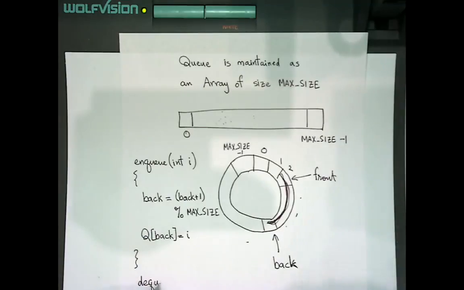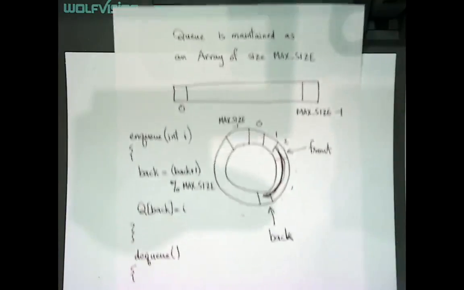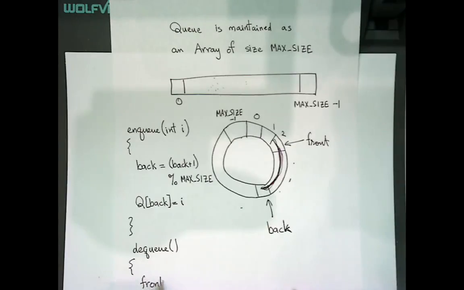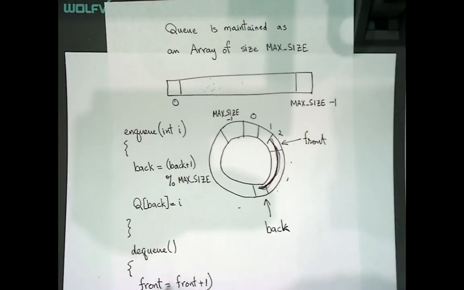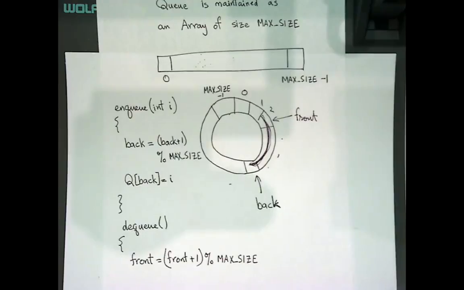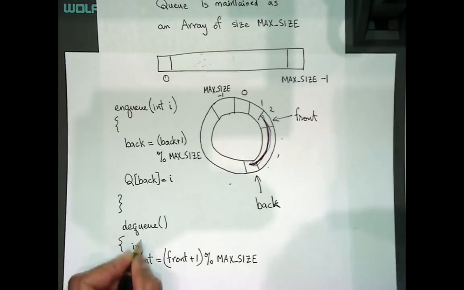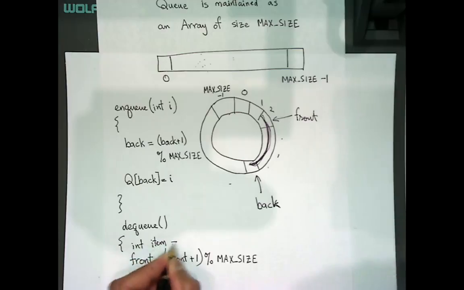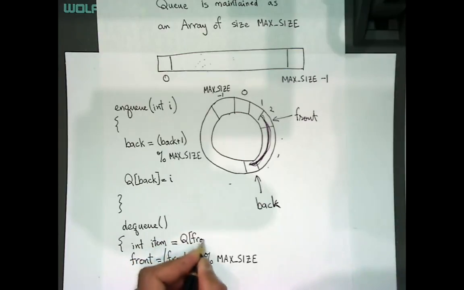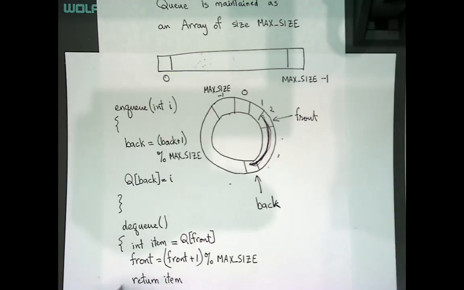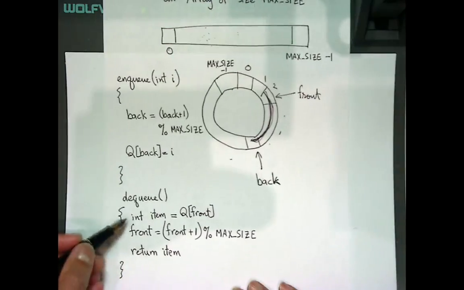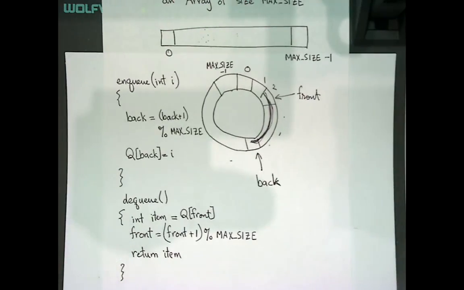And DQ basically does front is equal to front plus 1 percentage max size. Or you might want to say, first store the item, which is what is there in the front. Right, and I simply used item because I'm changing front, and so I just wanted to make sure I didn't mess up with that.